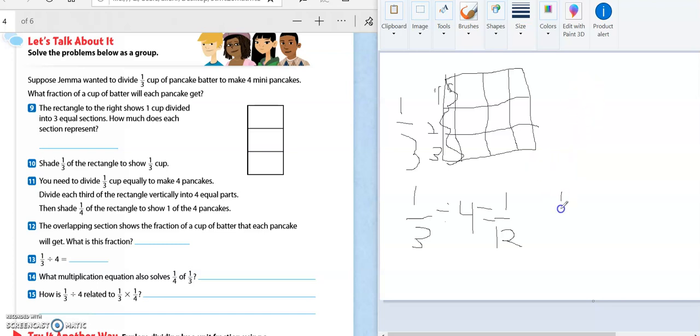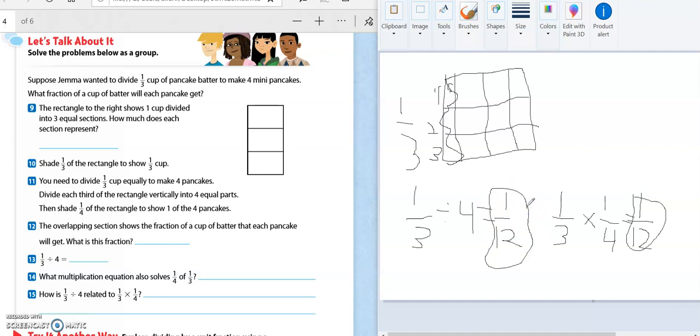And the answer is here. You have 1/3 times 1/4. You would multiply your numerators. 1 times 1 equals 1. And 3 times 4 would equal 12. So your answer, doing it the multiplication way, also is 1/12.